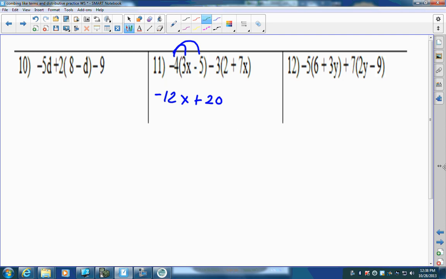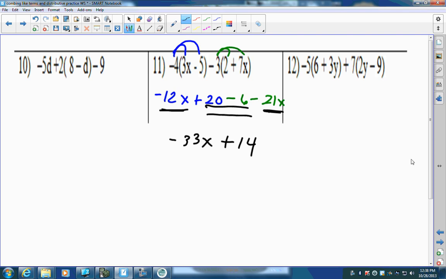Now, the second parentheses, there's another number out front of it. So I have negative 3 times 2, negative 6, negative 3 times 7x, negative 21x. Now you can go and put together your x's. Negative 12 and negative 21, that's negative 33x. And then you have 20 minus 6, and that's 14.